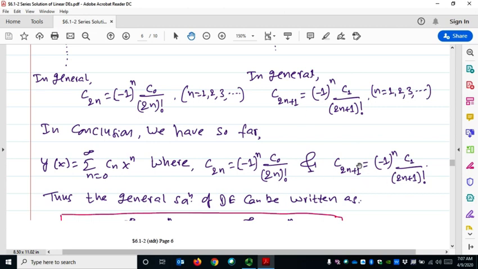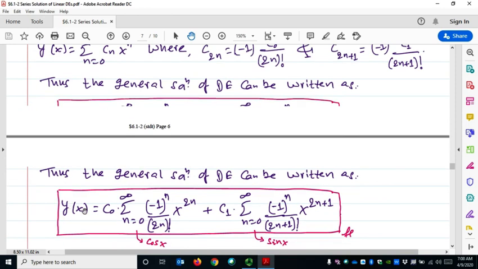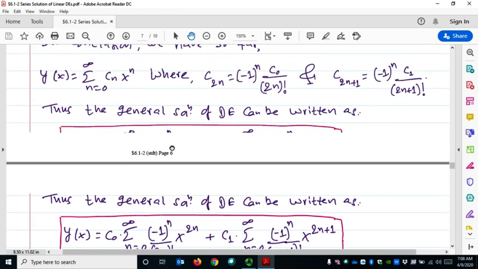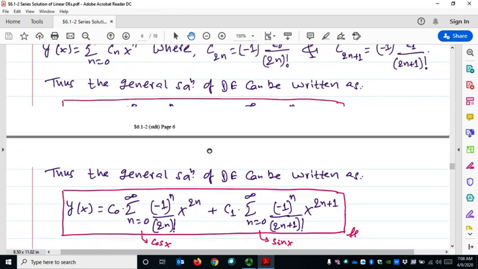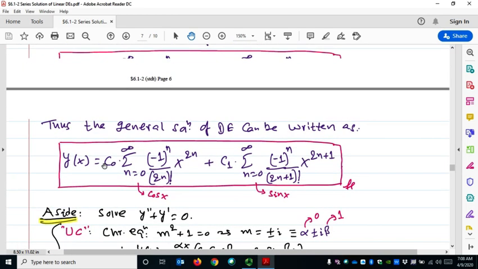So the general solution of the differential equation can be written as y(x) equals, for the even case, I pull C0 outside and put this coefficient times x^{2n}, plus C1 times the odd case, x^{2n+1}.